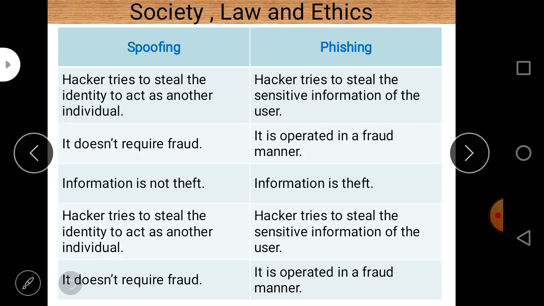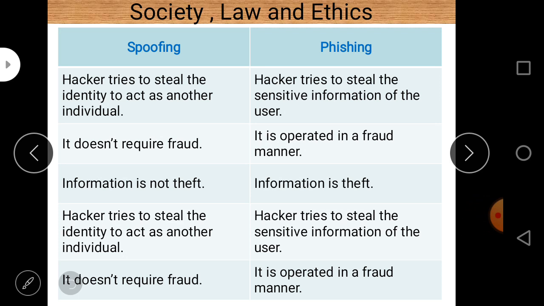Next important topic is spoofing and phishing. These are types of cybercrime. So basically, spoofing is a part of phishing. What is phishing? In phishing, the hacker tries to steal the sensitive information of the user, and in spoofing, hackers try to steal the identity to act as another individual. Always remember that spoofing is a part of phishing.